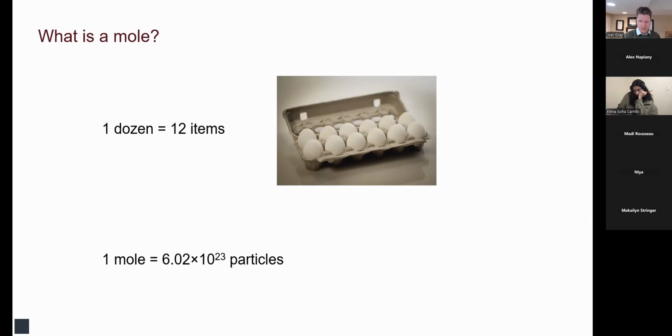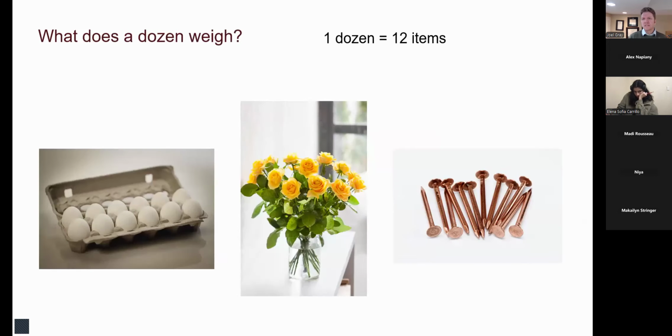Now, in addition to that, moles of things have different weights. So a dozen pencils, a dozen nails, a dozen roses, a dozen eggs, these are all going to have different weights. Likewise, well, could anyone tell me in the chat, what does one egg consist of? Crack an egg, what do you find inside of there?